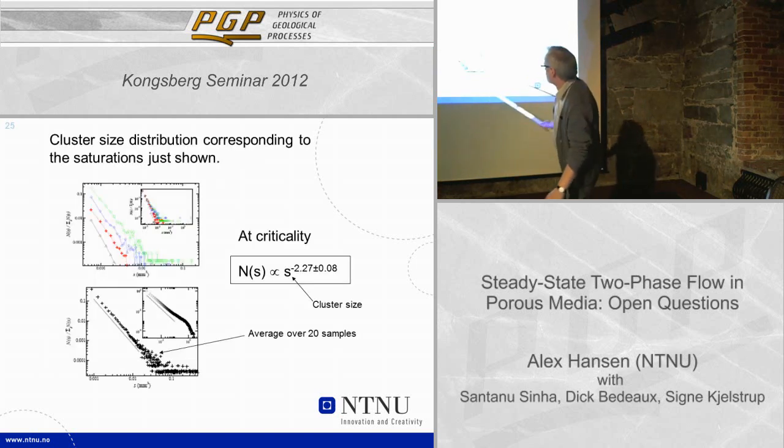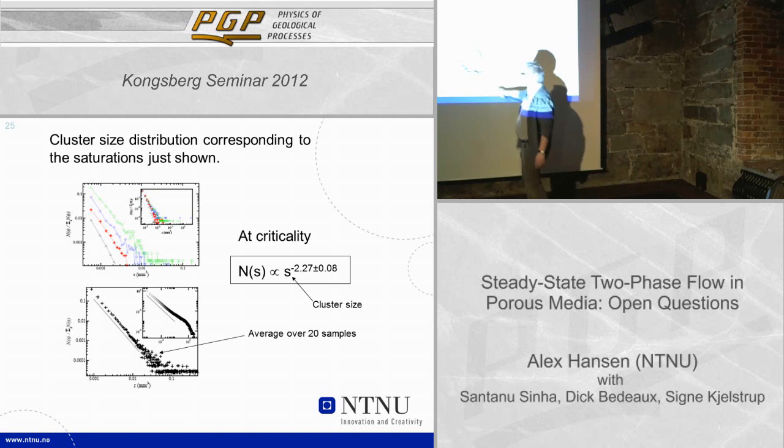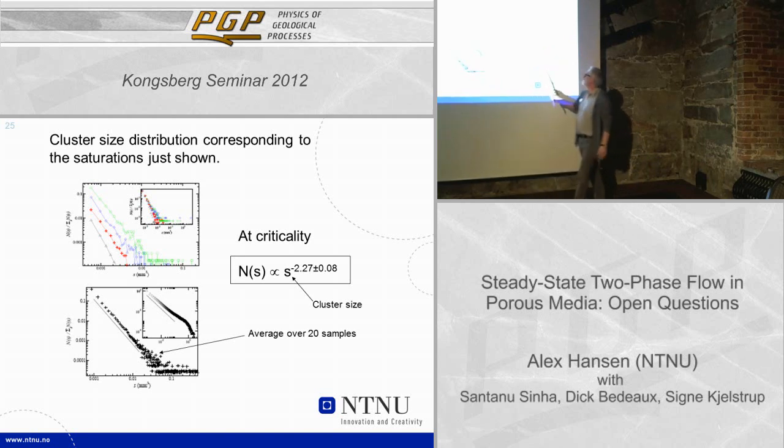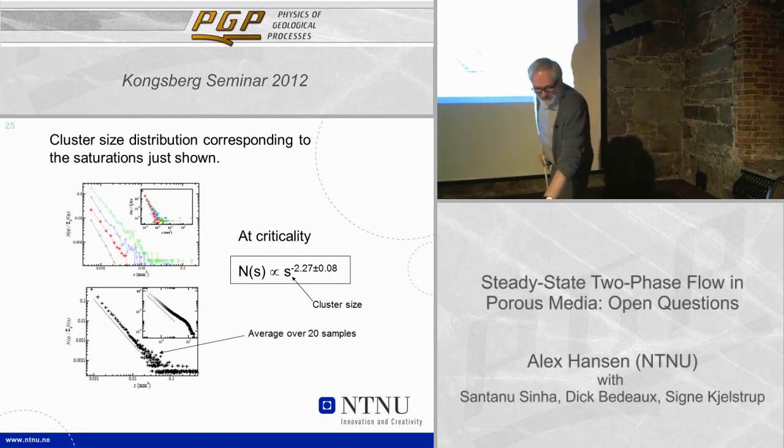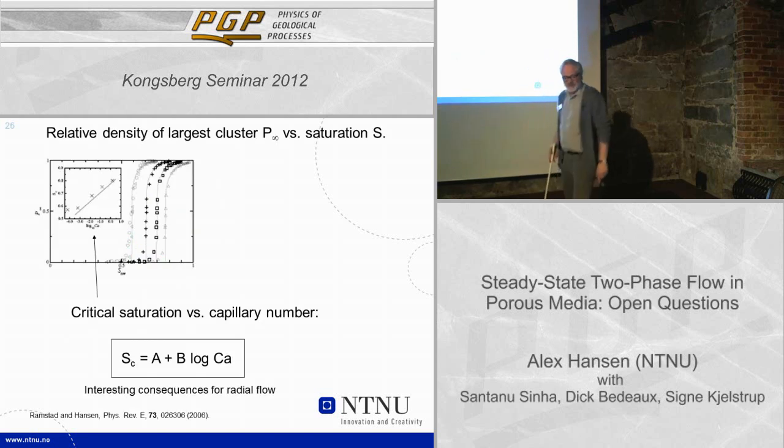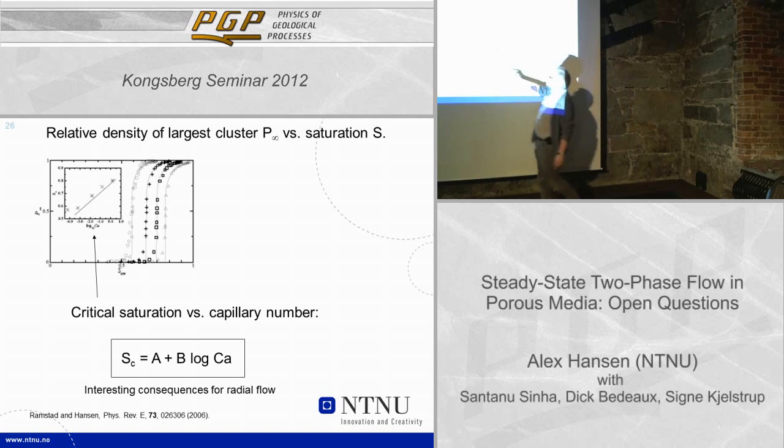All right, so you look at the cluster size distribution, you get these beautiful power laws, etc., and you get exponents out here, and they are what they are. One interesting thing here is that if you look at the phase transition, this is the largest cluster as a function of saturation, and it simply goes right up like this. So it's a phase transition.